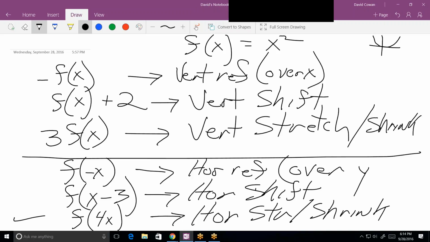In other words, if f of x is x squared, what is minus f of x? And I'll draw it in red. What does minus f of x do?